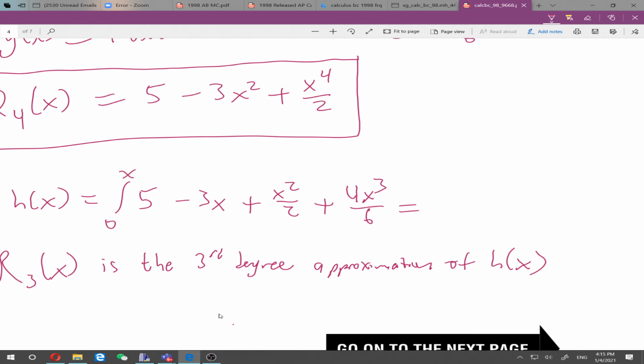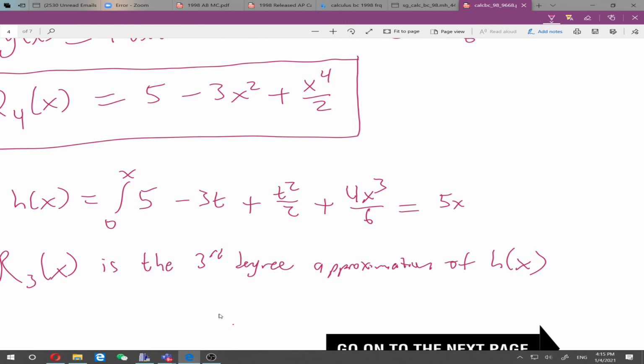Five x. No, 5t. No, 5x. This is weird. I'm going to go ahead and use x anyways, even though I've got the same variable here, I guess. All right, I'll go ahead and change variables. That makes more sense.